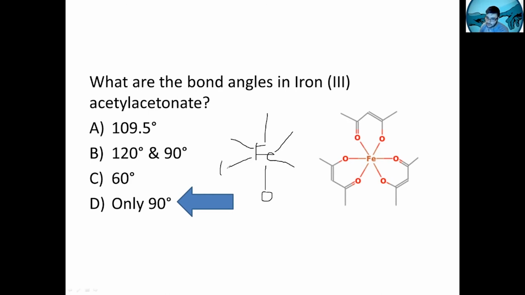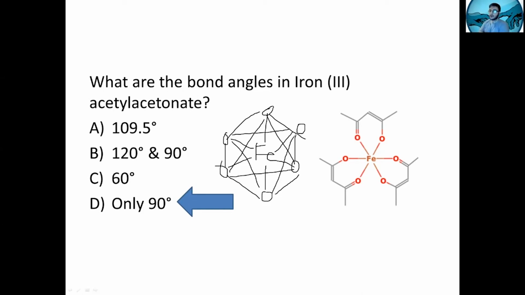And I'll just write each of these as an O. Right, and then if you connect these, it's a square bipyramid. I think it's called an octahedral. And there are no lone pairs because it has 6 bonds.